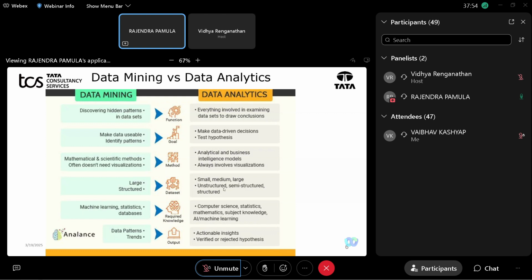Small, medium, and large types of data can be used in data analysis. Even for small data we can use data analytics because we generally use the business model. A small business model will help you to explain the business model being used here. Whether it is structured or unstructured, it doesn't matter.